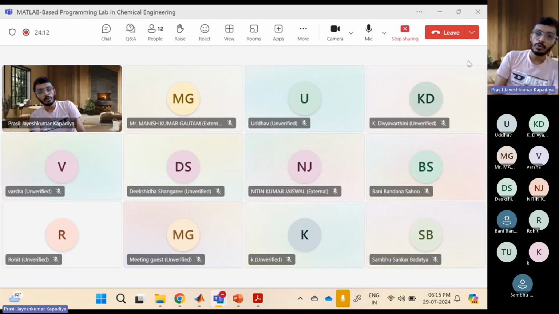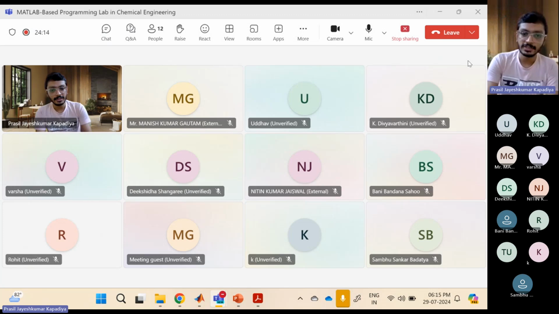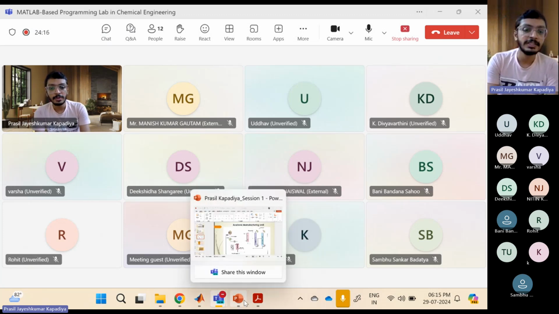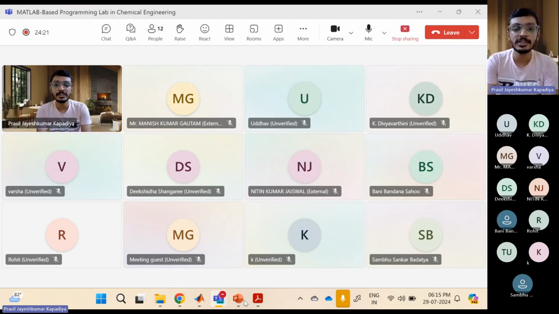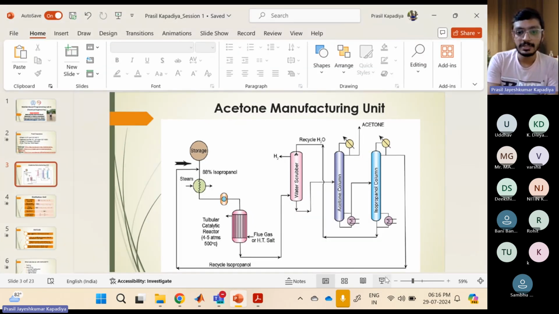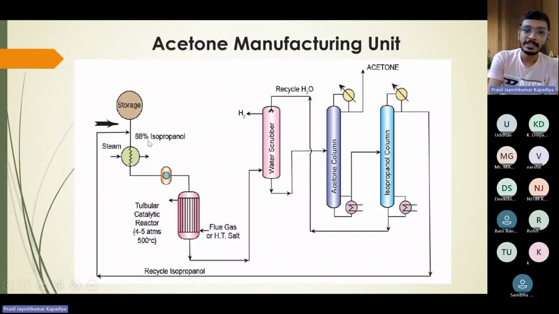Okay, I have two questions I will ask. Based on your chemical engineering knowledge, try to respond. There is nothing right or wrong, I just want you to speak. My first question is here. As we know, the temperature of the reactor is 500 degrees Celsius. So what we did, we passed isopropanol through the heat exchanger, and then through the compressor. Can we do it in reverse?